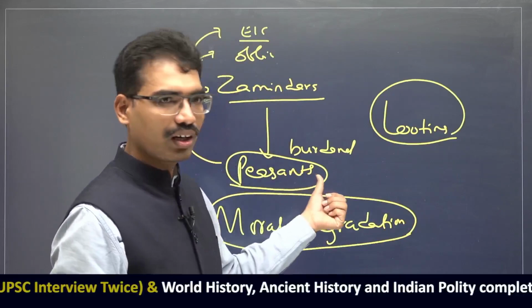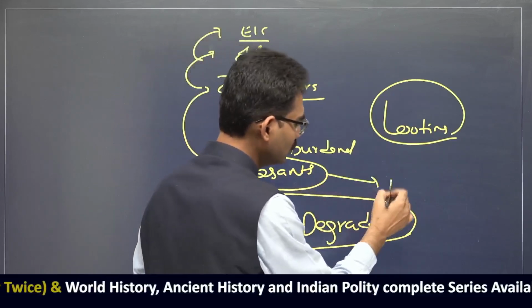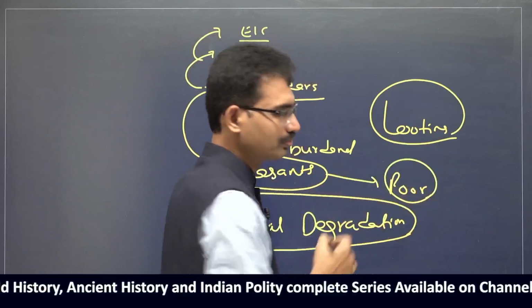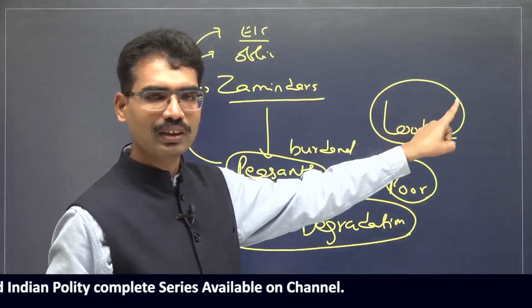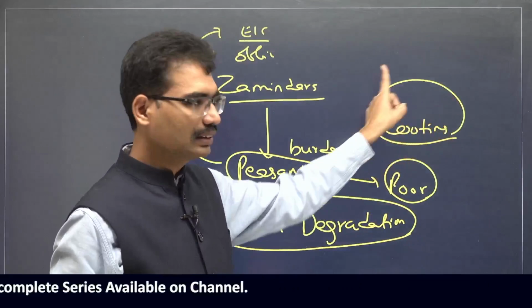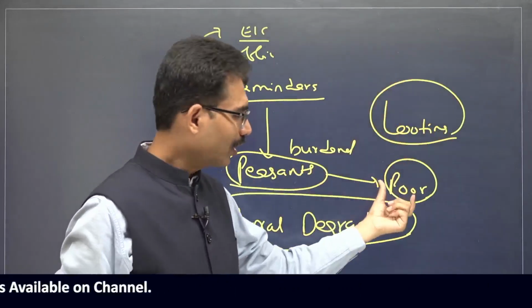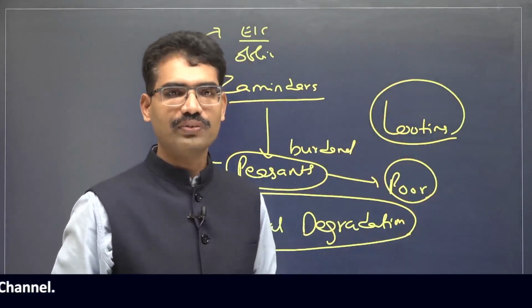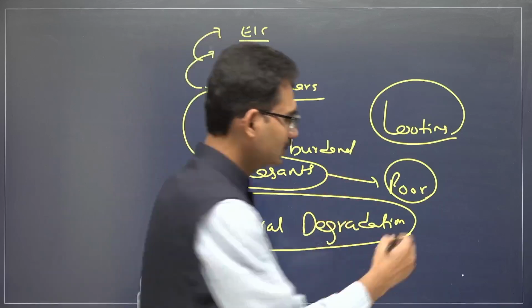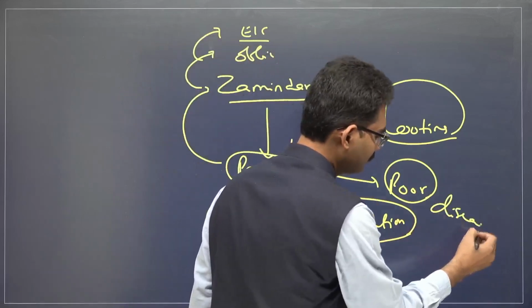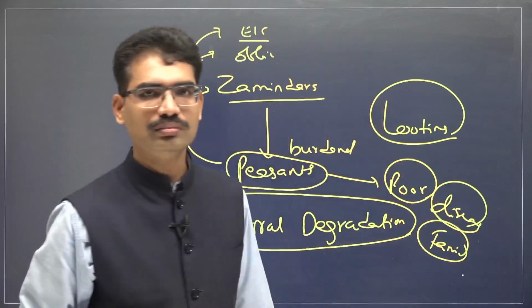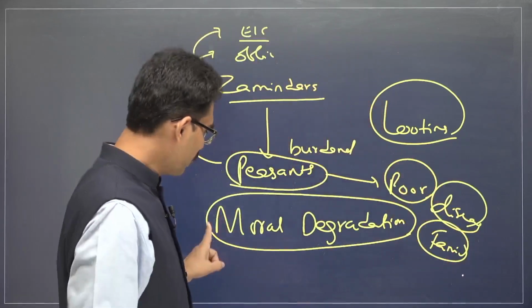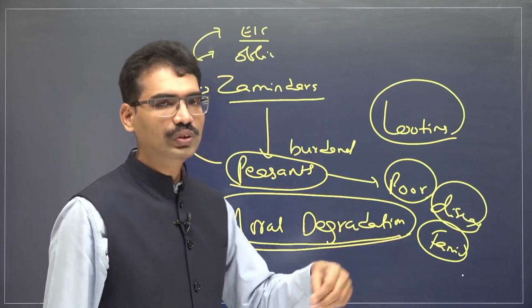Whoever is working hard is condemned to poverty, suffering from poverty and diseases. And when famine occurred, these are the people who died. That is how moral degradation took place under the dual governance.